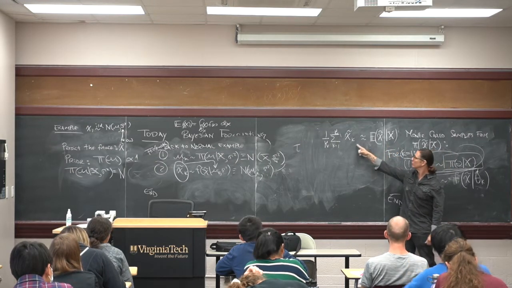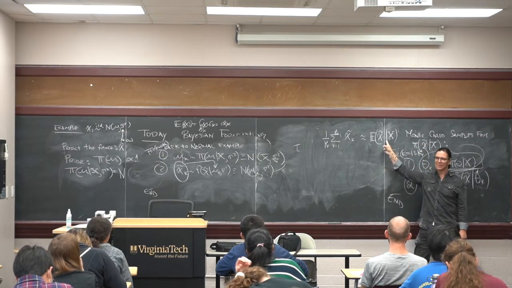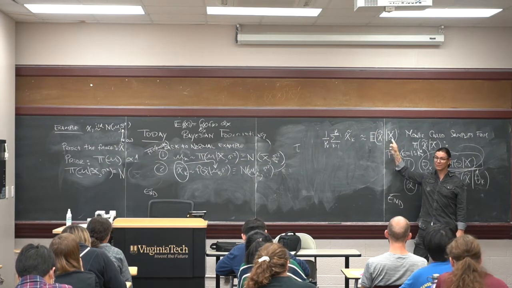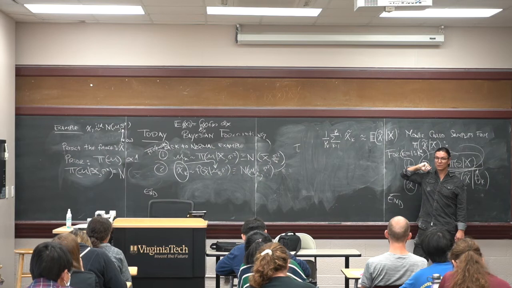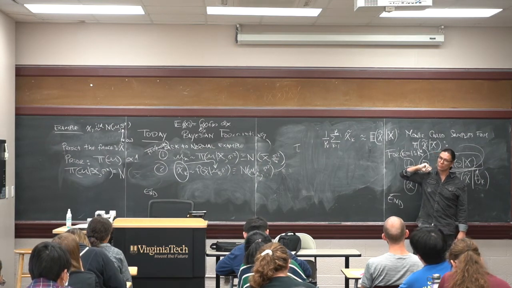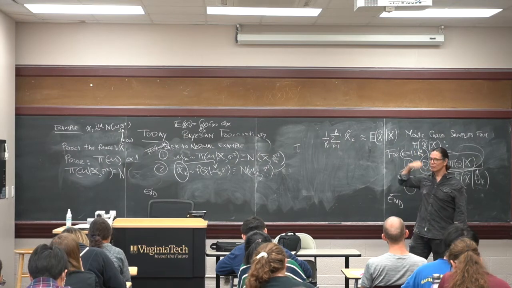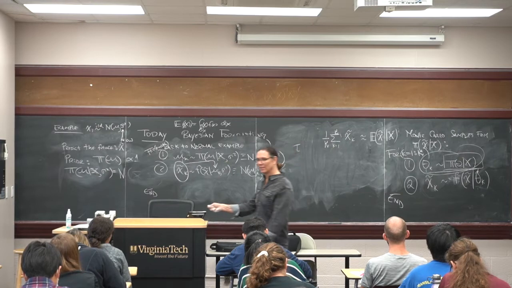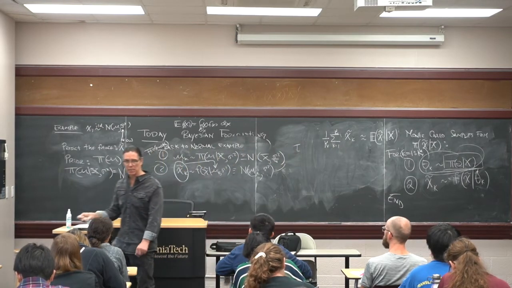Why does this average converge to that? There's all kinds of reasons. So why do averages of samples converge to the true average? The mean of the mean is the mean.